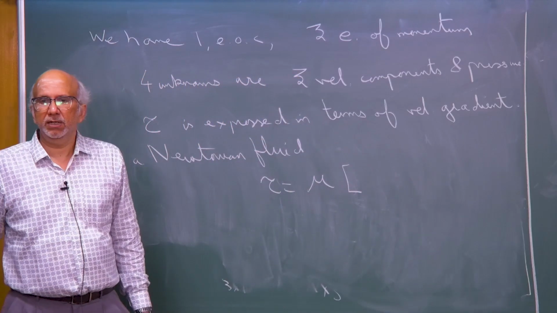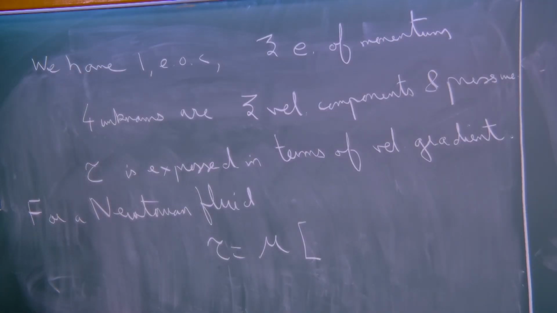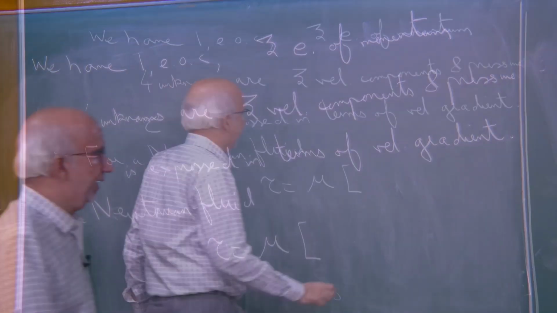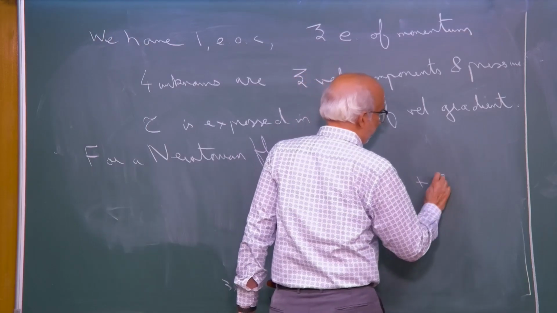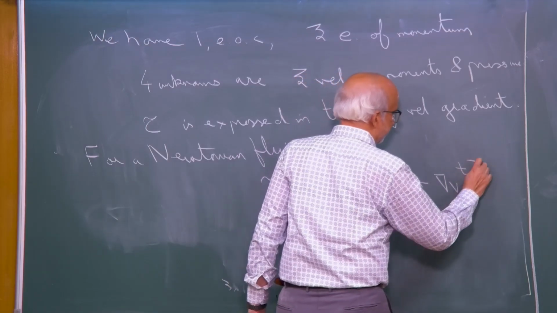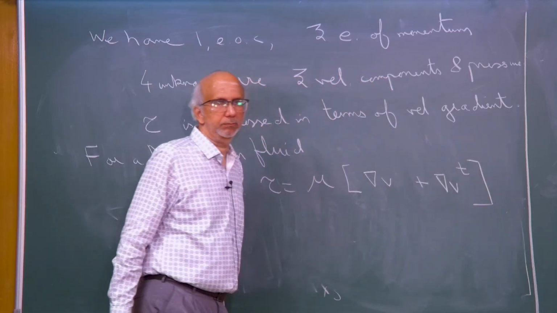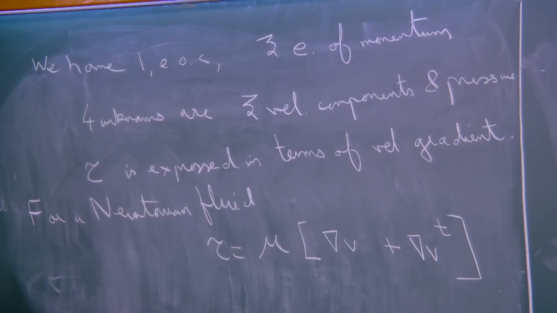This, remember, is a tensor, and there are 9 components. This is written as gradient of V plus gradient of V transpose.